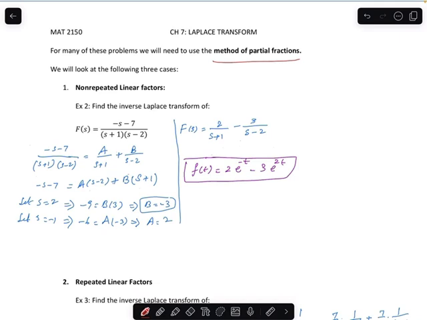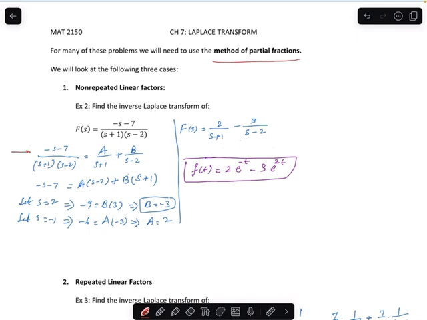So here in this first example, we have the function negative 7 minus s divided by (s plus 1) times (s minus 2). So we will write it like this to create the partial fractions.